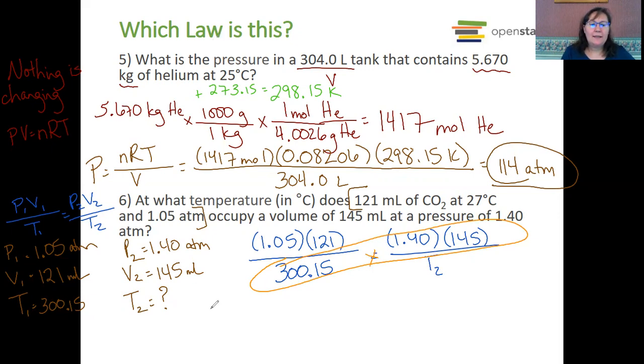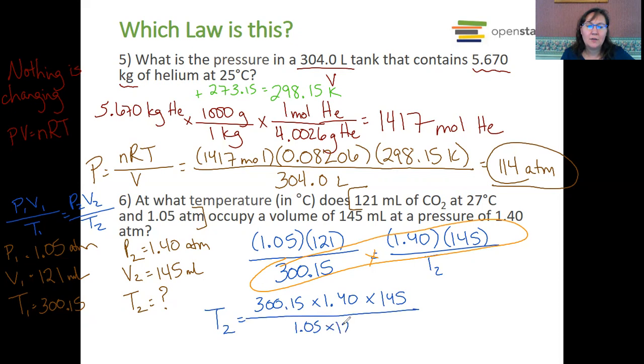So what that means is that my T2 is equal to 300.15 times 1.4 times 145 divided by 1.05 times 121. And you can put parentheses around these like so. All right, go ahead, take out your calculator, and let's go ahead and work through this.